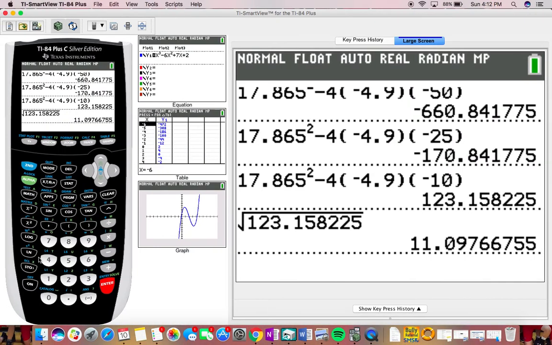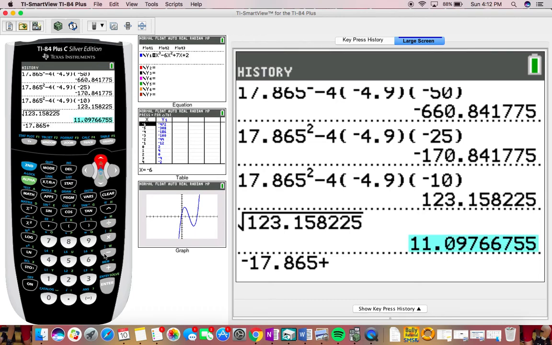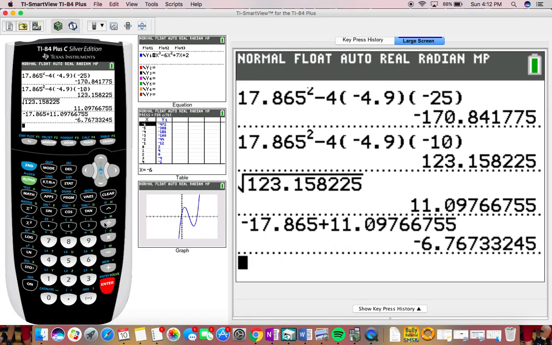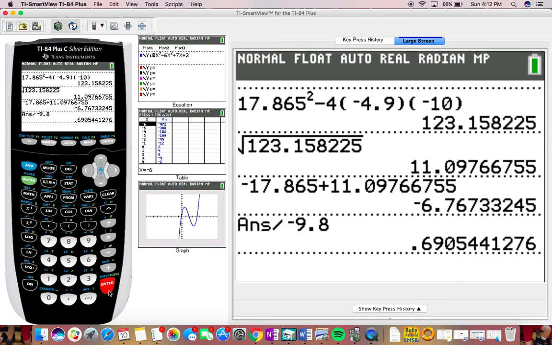So let's go ahead and take our negative 17.865 and start by just adding. We add that to this, which gets us here, then divide by negative 9.8. So one possible solution here would be that the ride could stop in 0.69 seconds.